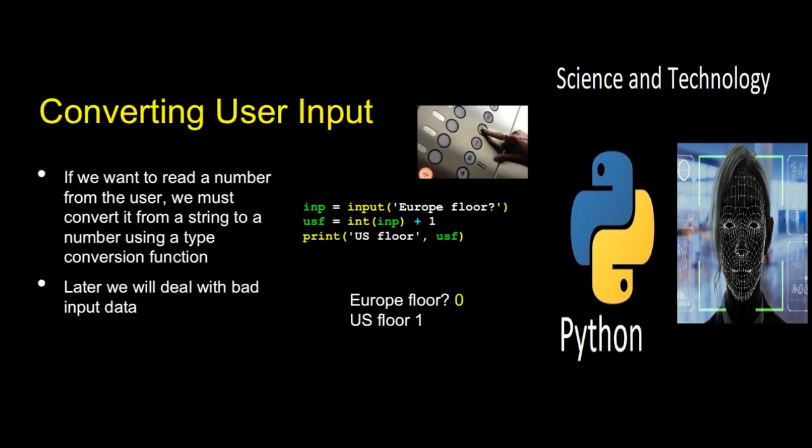It's going to ask us, we're in Europe and we're lost, and you say, well, what floor would this be if I was in the United States of America? So we have to read the floor that we are at in Europe, convert it to a US floor, and then print it out.